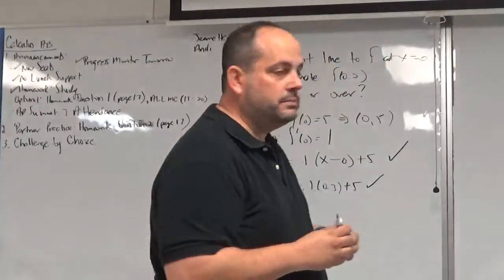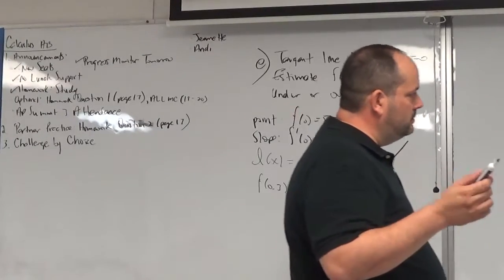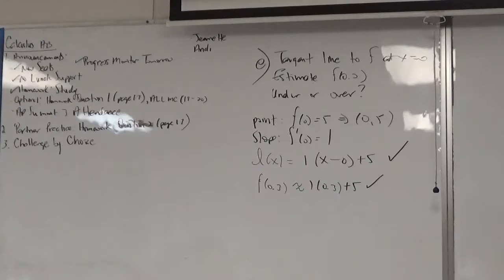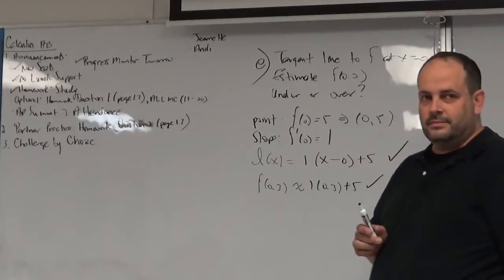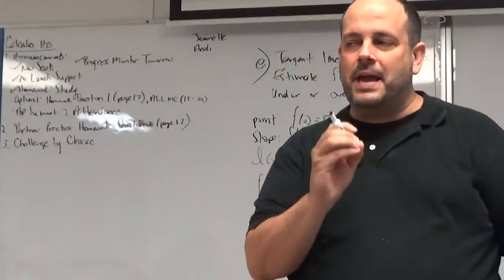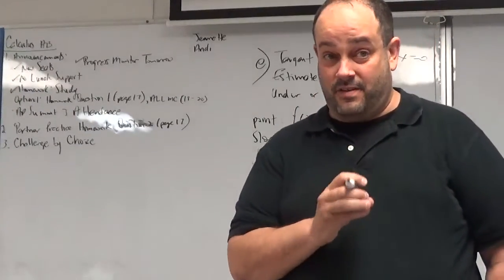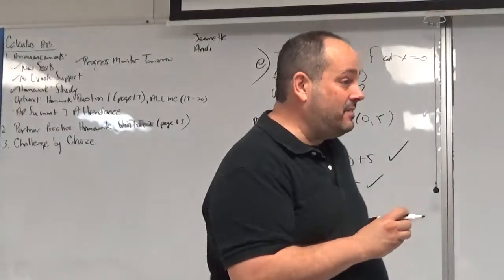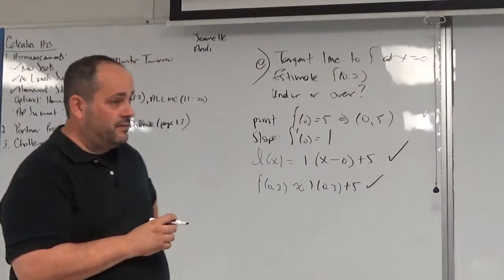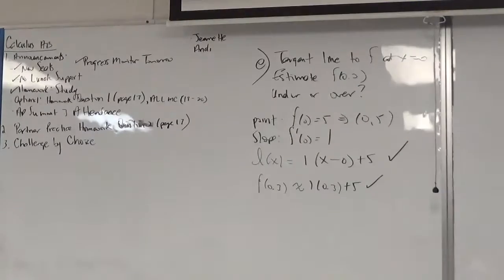Since f prime is above the x-axis, then it's an overestimate because f is concave down. Okay, let me say it one more time. You need to talk to me about concavity of f. Henry, what do you know about the concavity of f? Since f prime is decreasing, that means that f has to be concave down.